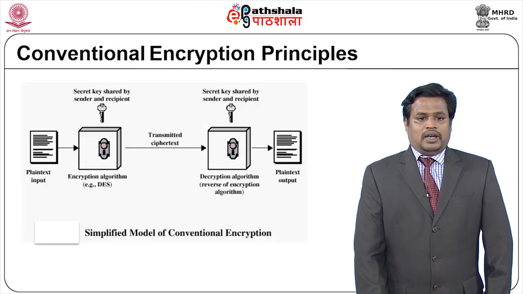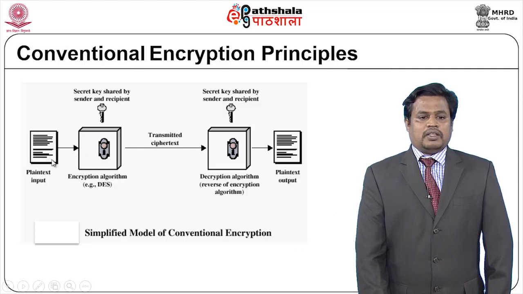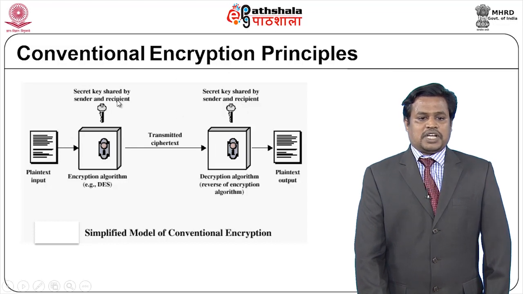In the earlier system, before modern cryptography, we usually had shared key cryptography. It is a simplified model of conventional encryption. Normally, if users want to send secret information, first they need to share the key. The secret key must be shared between the sender and the recipient.